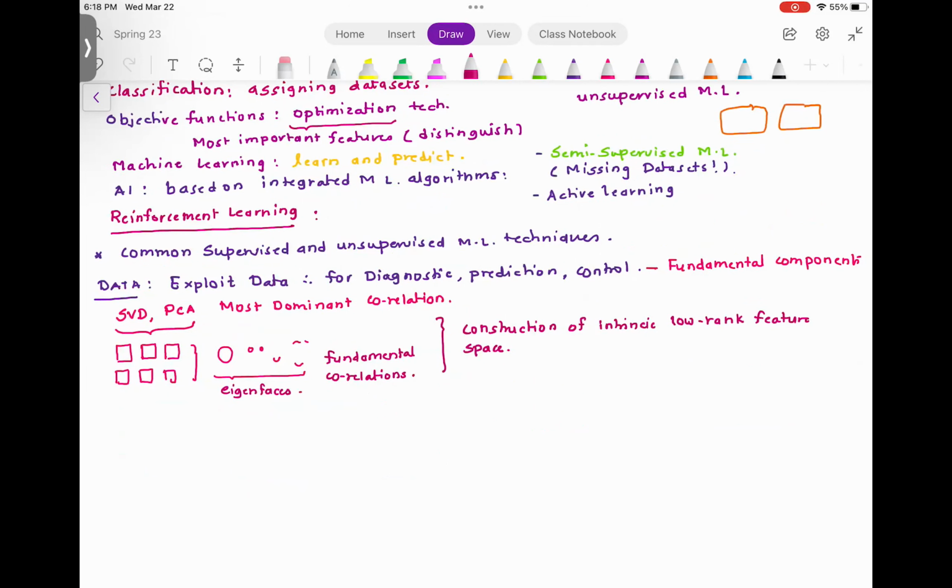Now, many times these low rank features are obvious, so you can just look at the feature space and find them. Sometimes you need to perform some type of analysis or different processing, such as a correlation, construction, or reconstruction, to extract that feature set.